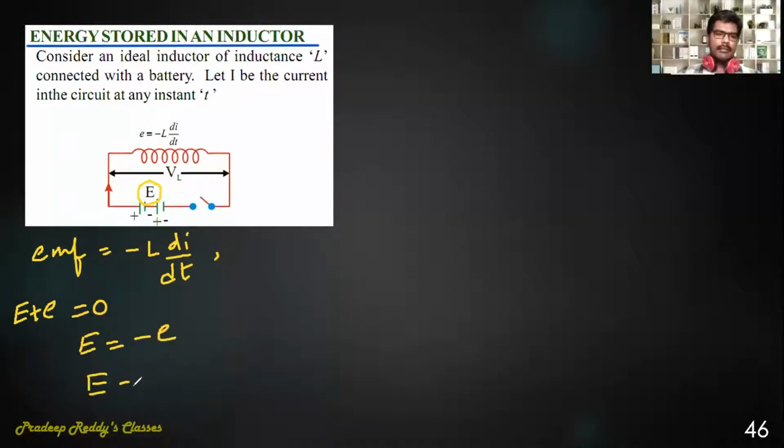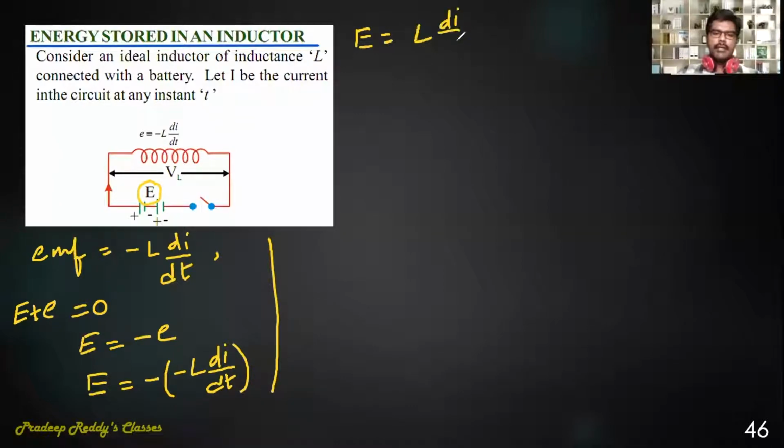Then capital E will be equal to minus of minus L into di by dt. So therefore you can write E is equal to L into di by dt. Let me take this as equation number 1.